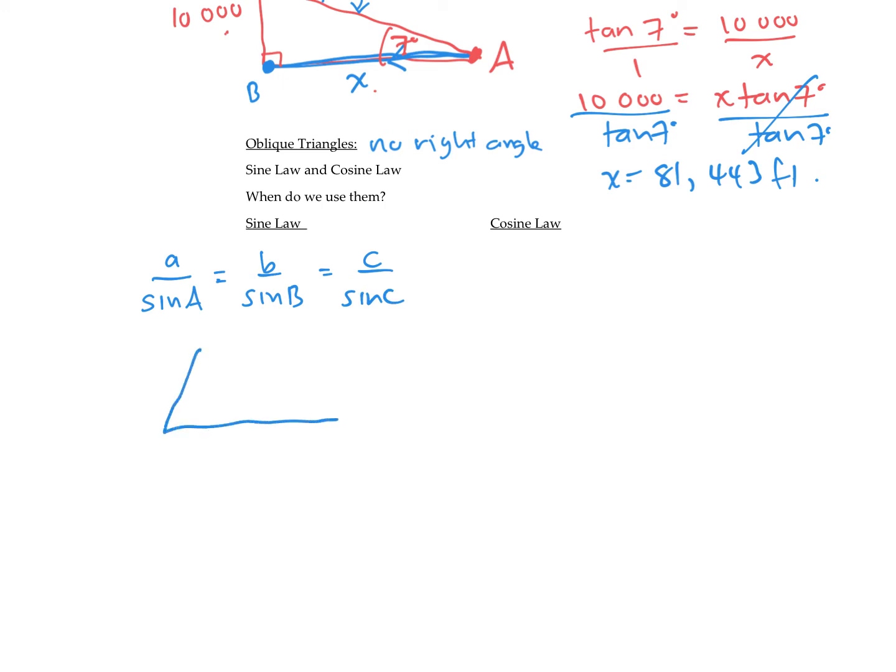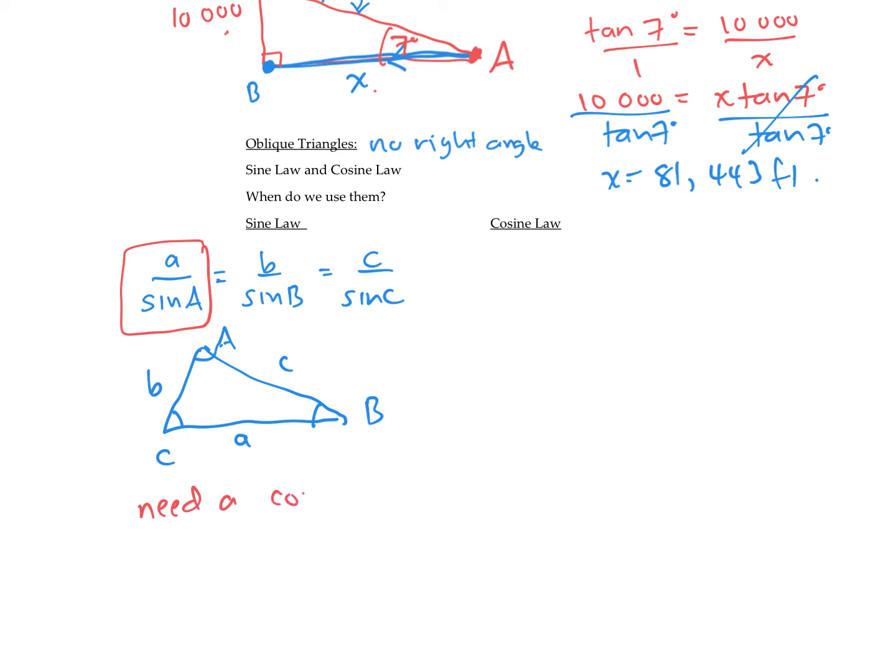So we have a non-right angle triangle. Let's call it ABC. Remember that the side opposite the angle is always the same letter, but in lowercase. So if this is angle A, across from it is side A. If this is angle B, across from it is side B. And if this is angle C, across from it is side C. And so we can only use sine law when we have what is called a complete ratio.